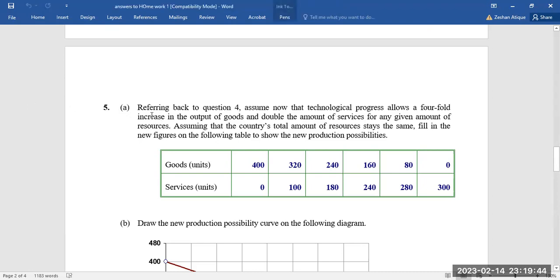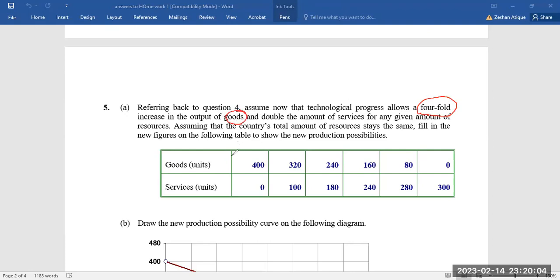The technology introduced into this system increases the output of goods 4 times.